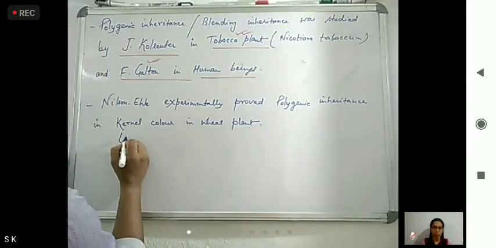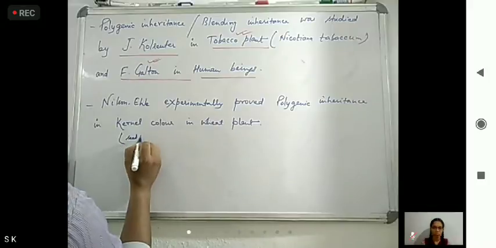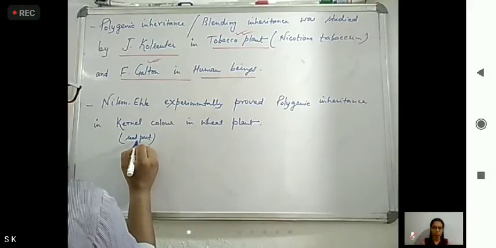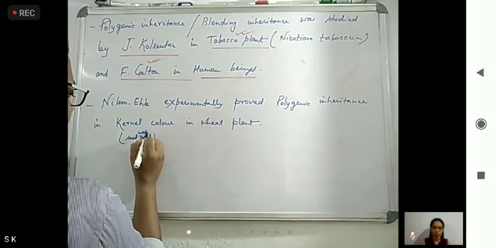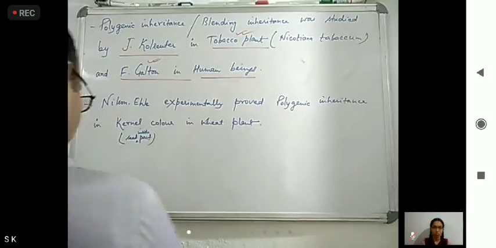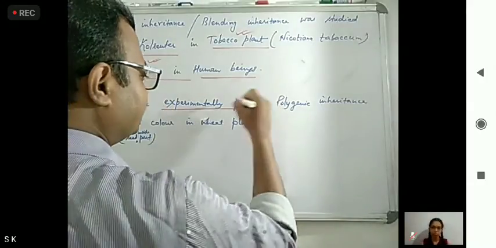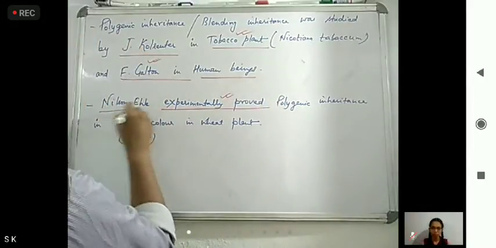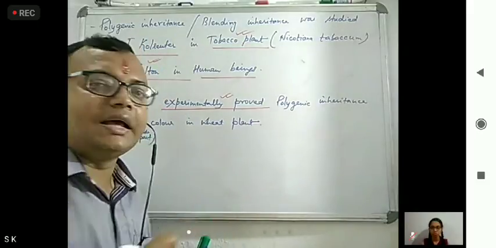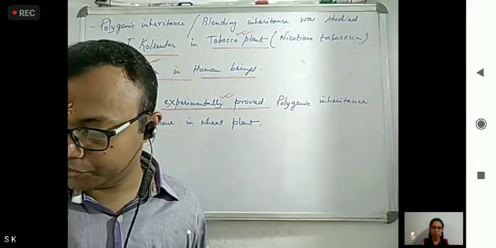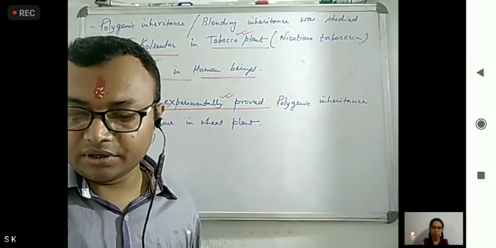Now kernel means the seed part inside. So which scientist experimentally proved polygenic inheritance? That scientist's name is Nilsson-Ehle. He has given the experimental proof.